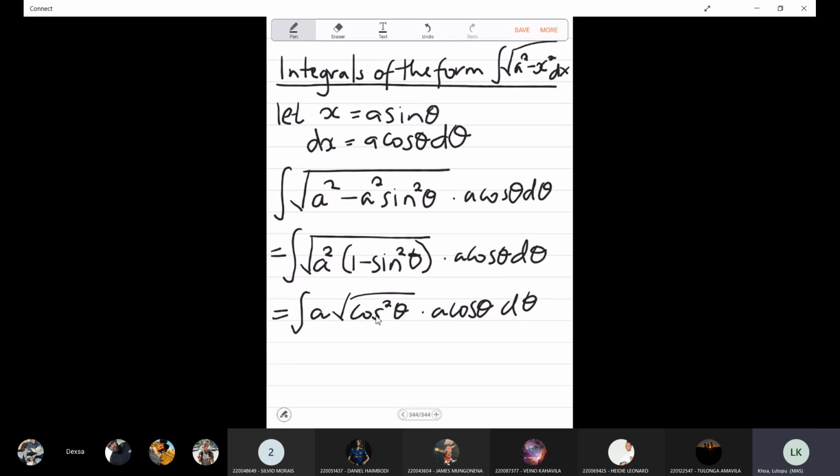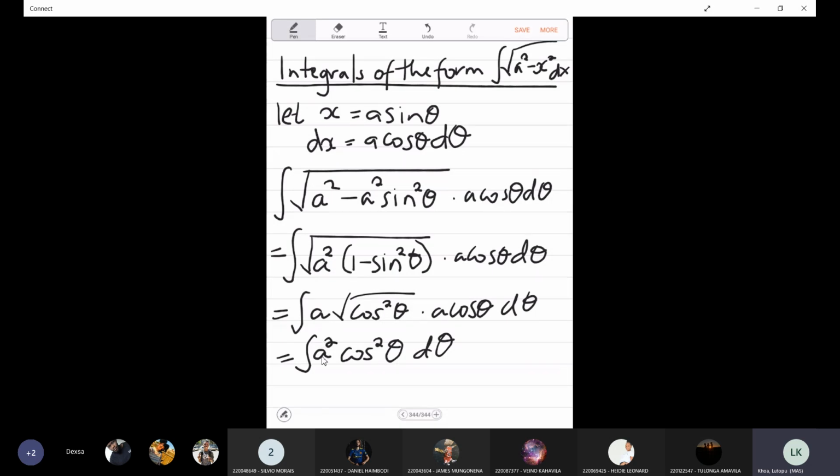Okay, the square root of cos squared theta is just cos theta, and then multiplying everything out, we have the integral of a squared cos squared theta d theta, and this we know how to integrate.